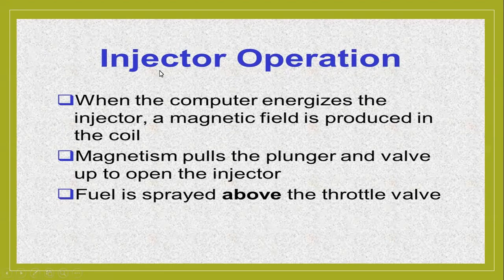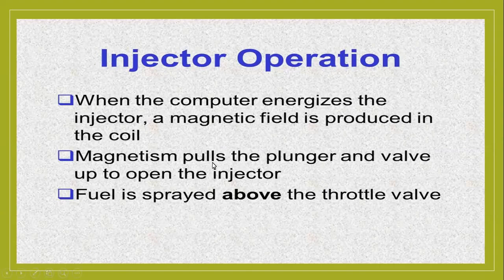You want to write injector nozzle, or otherwise write nozzle. If you write injector alone, one word, it denotes the pump. Injector is a pump. Okay, we will read. When the computer signals the injector, a magnetic field is produced in the coil. Okay.